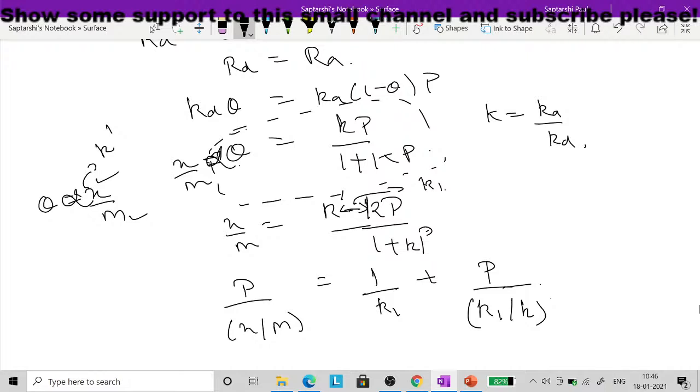This equation is very, very famous and very much used, because this is of the form y equals mx plus c, so we can plot some graphs and see some things happening over here. We will have some numericals on these equations and other equations as well, but that will be in the next class.